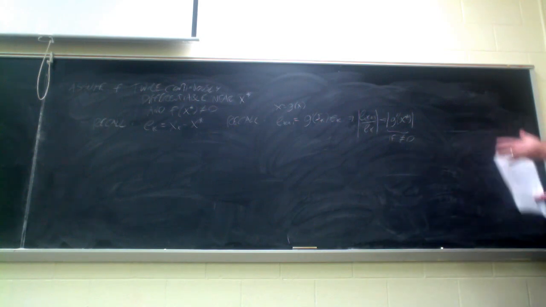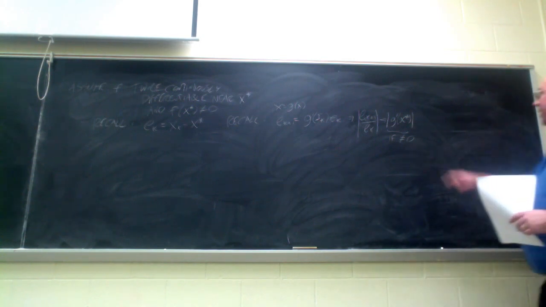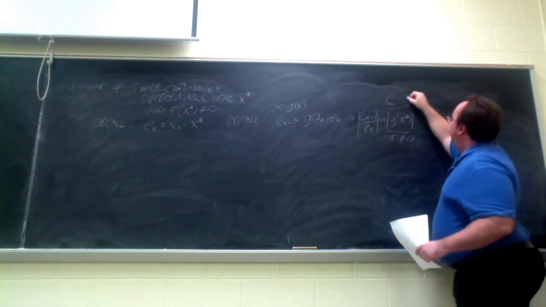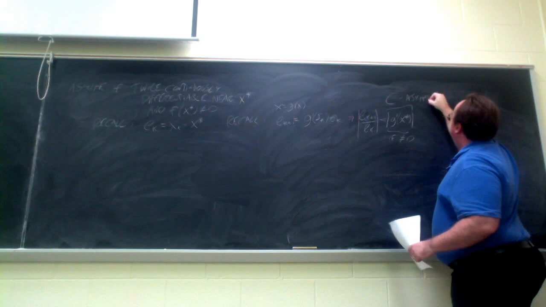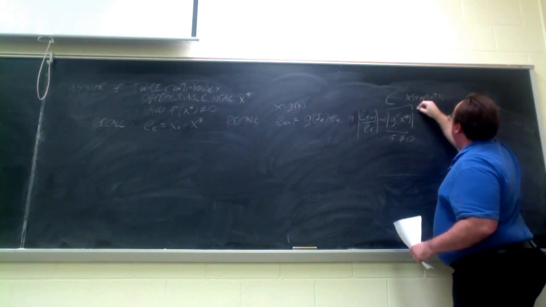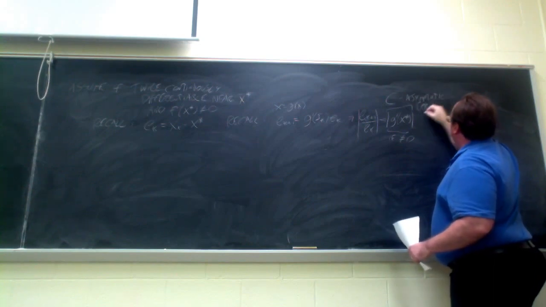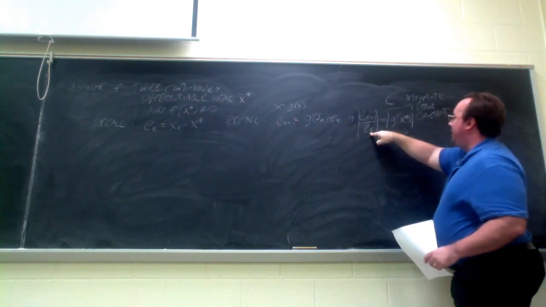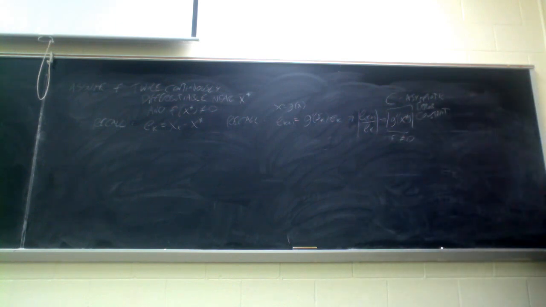Okay. So in that case, it was linear convergence. And this was your C, which I call the asymptotic error constant. And because the power of e_k is 1 in this case, that's linear convergence. Okay.